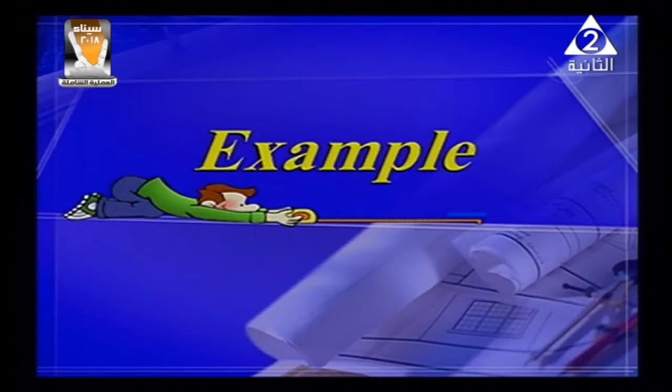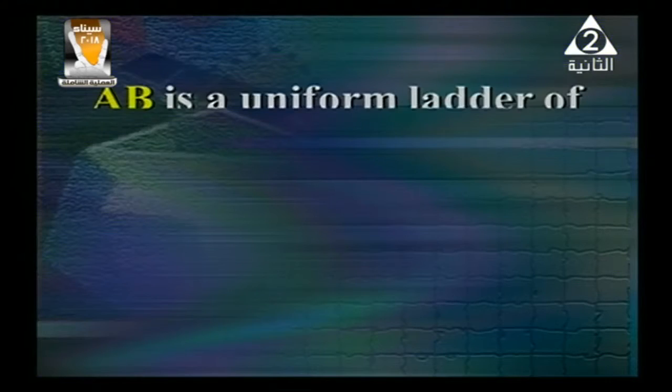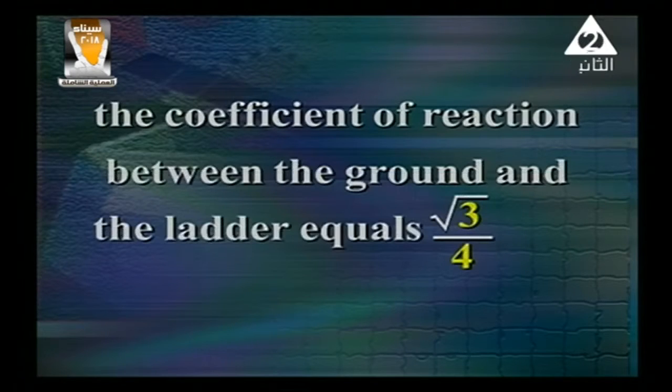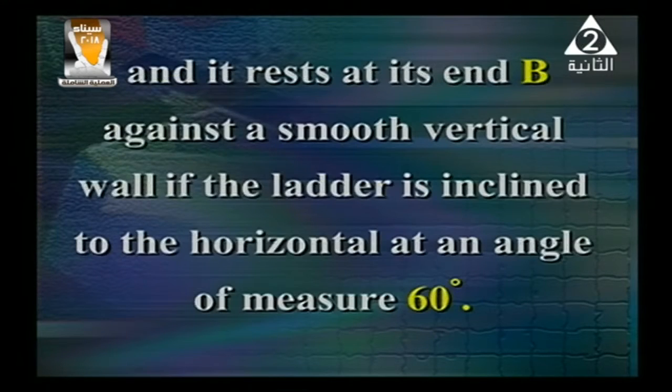Now we move to another example. AB is a uniform ladder of weight 100 gram weight, resting at its end A on a rough horizontal ground. The coefficient of friction between the ground and the ladder equals root 3 over 4, and it rests at its end B against a smooth vertical wall.